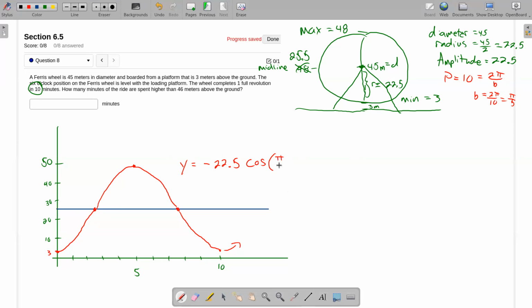So pi over 5. And I'm going to use x for time here instead of t. And if I flip the cosine, I don't need a phase shift. And then I just need to get it up to the right level. Midline is 25.5. So let's graph this to see if it's right, and then we'll try to finish answering the question.